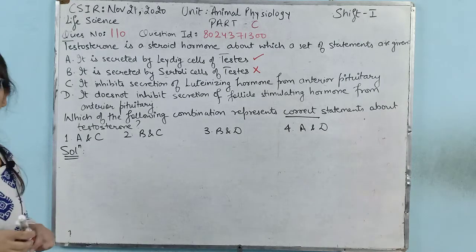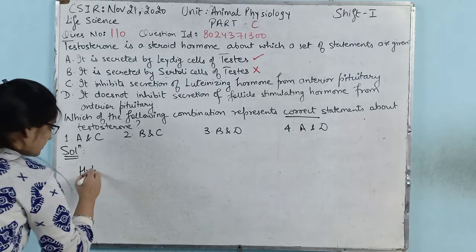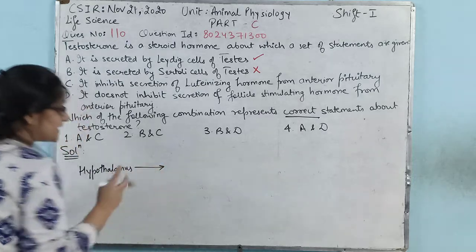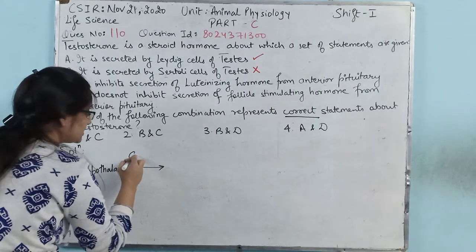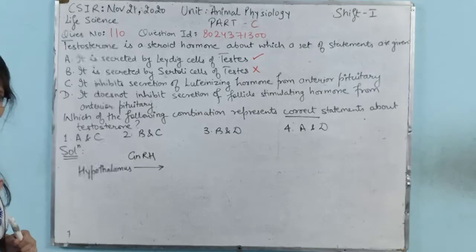So, regarding the hormonal regulation, the hypothalamus, it secretes a hormone GnRH, which is gonadotropin releasing hormone.